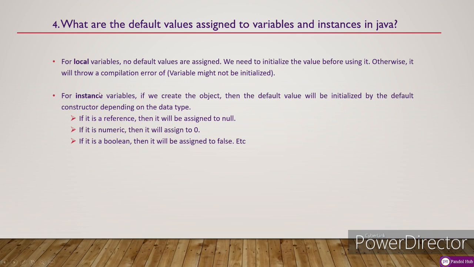For example, if it is a reference variable inside the class, it will be assigned null. If it's numeric, it will be assigned 0. And if it is a Boolean, it will be assigned false. So based on the variables that we declare inside the class, they will be given the default values by the default constructor depending on the data type.